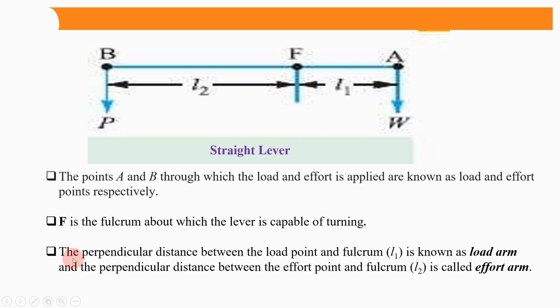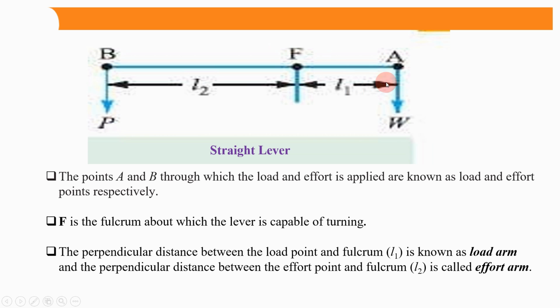Now the perpendicular distance between the load point and fulcrum, L1, is known as the load arm. We know that A is your load point, as we have seen in the first point, and this is F, your fulcrum.